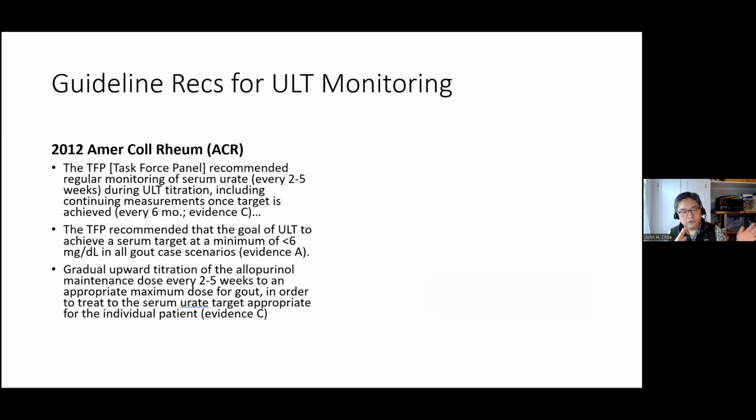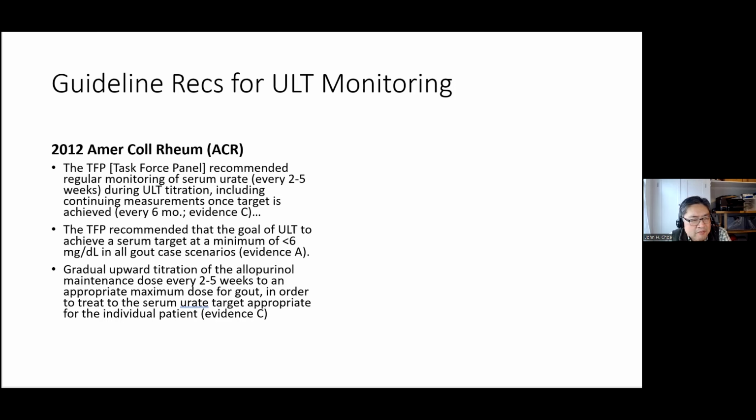Since each of you read only half the guidelines, I'll just put the text of them on here so that you see what we're talking about. So the 2012 ACR, the American College of Rheumatology guidelines, said, and the task force panel, and we'll talk about what that means, recommended regular monitoring every 2 to 5 weeks during initial titration of allopurinol, including continued measurements once the target was achieved. So they're saying every 6 months. That seems kind of frequent.